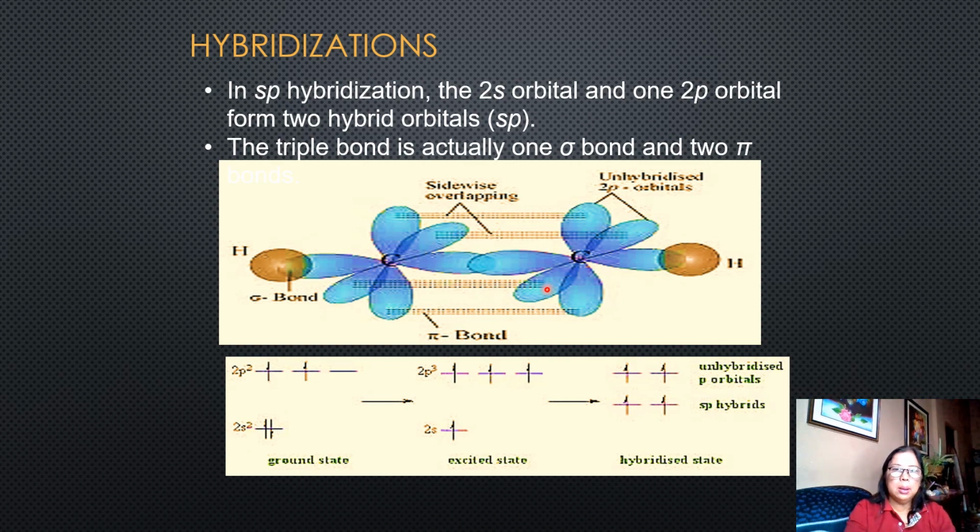So these orbitals here form one bond. This standing one is also forming another bond. And of course, the linear bond with another one. And this is their excited hybridized state. The ground, the excited, and the hybridized state.